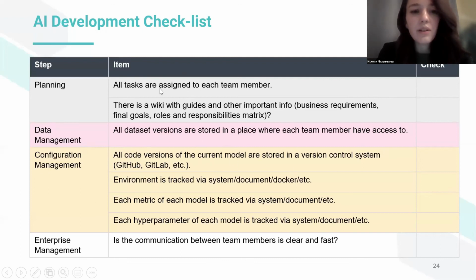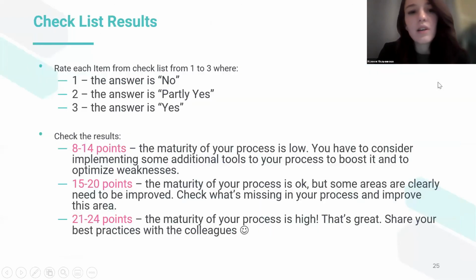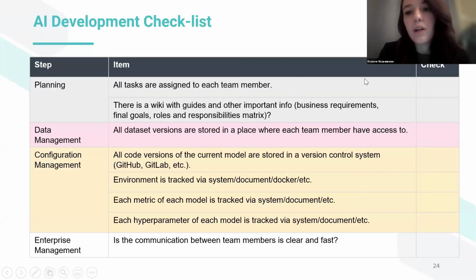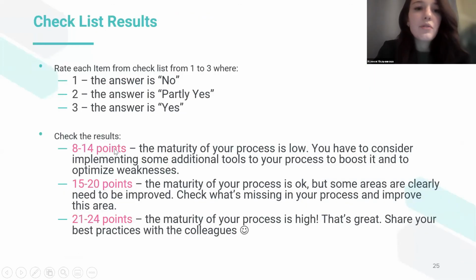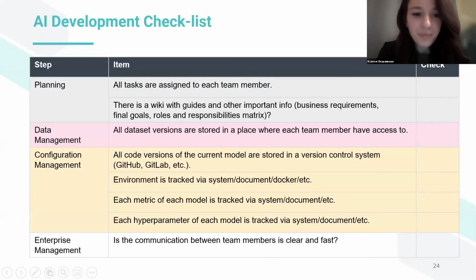For example, all tasks are assigned to each member. You have to check it with yes, no, and partly yes. Then when you're done, you have to analyze how many points you have, and based on those points, you understand the level of maturity of your process.